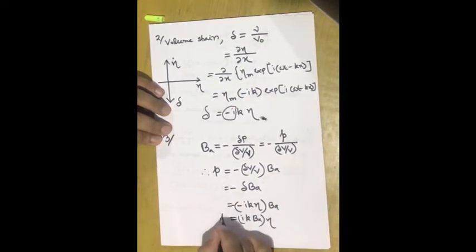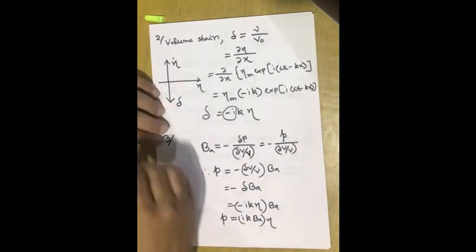Okay, so excess pressure is i multiplied by eta into some constant k into B A. B A is the bulk modulus, and k is the wave number. So basically eta is multiplied by i, the imaginary number. So there will be a phase difference between excess pressure and the displacement, and this phase difference is pi by 2.